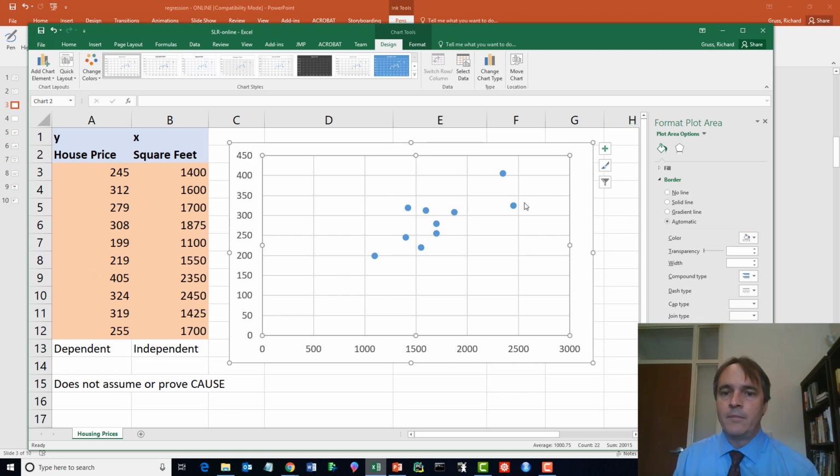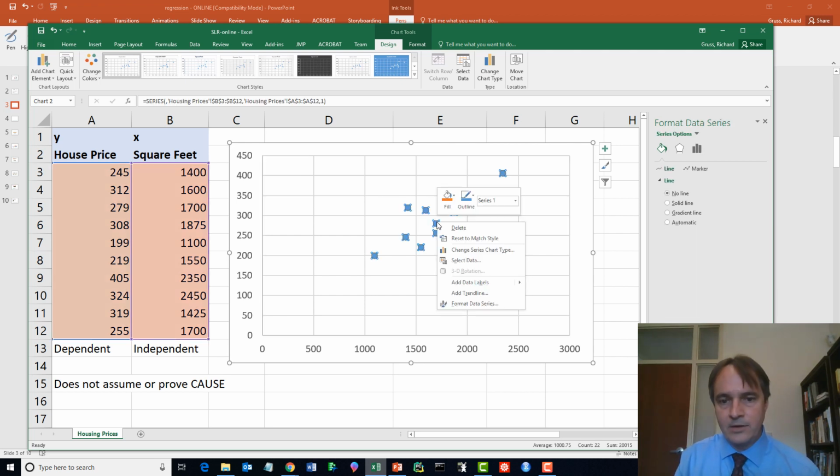We can also see that it's a fairly strong relationship, because, remember the diagrams that we saw when we were talking about correlations, the tighter these things sit around a line, the stronger the relationship.